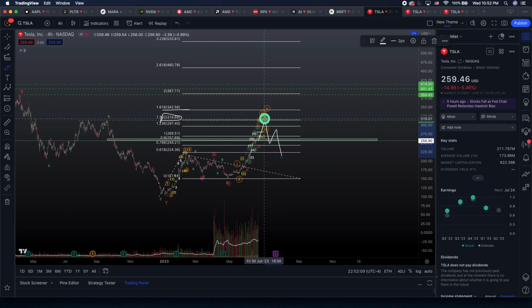So if we get a pullback over here and we start pulling back hard, what that would tell me is that instead of a 1 2 3, we're actually getting a 1 2 1 2 setup.